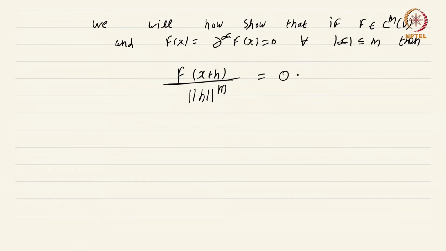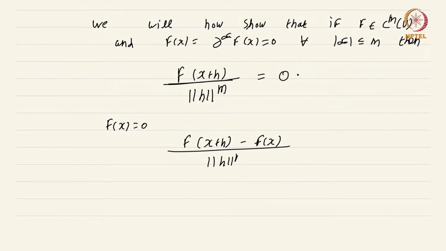So our hypothesis involves f of x equal to 0, so the numerator can be written as f of x plus h minus f of x, divided by norm h power m.